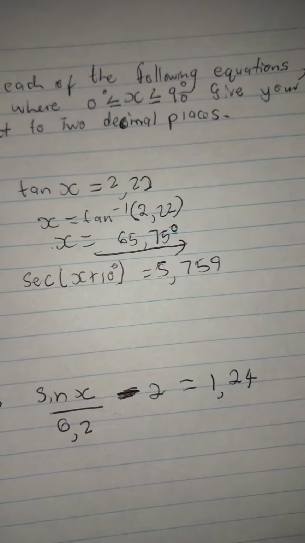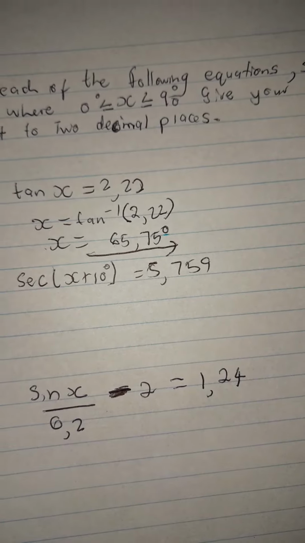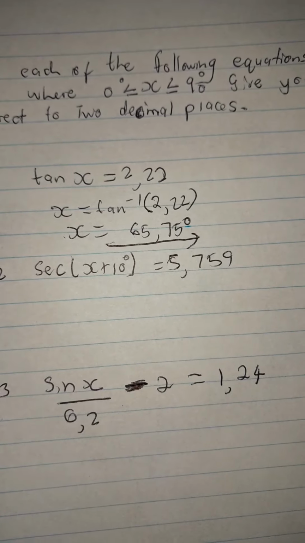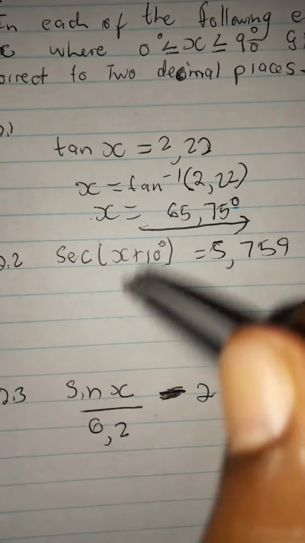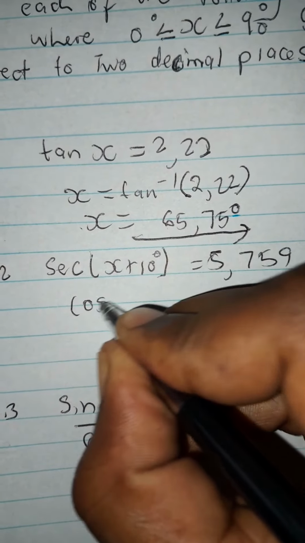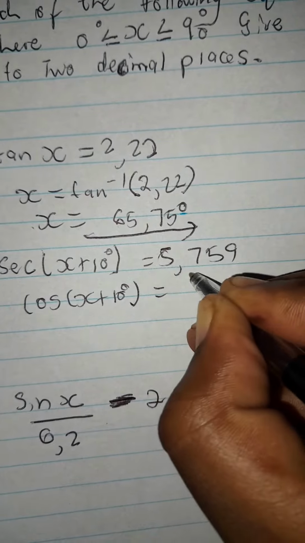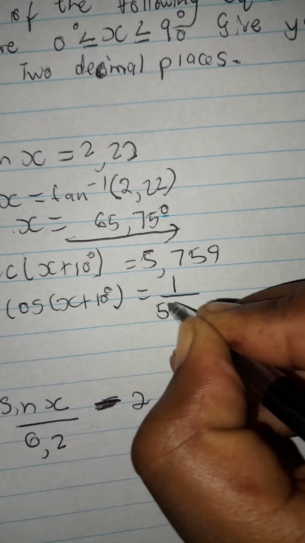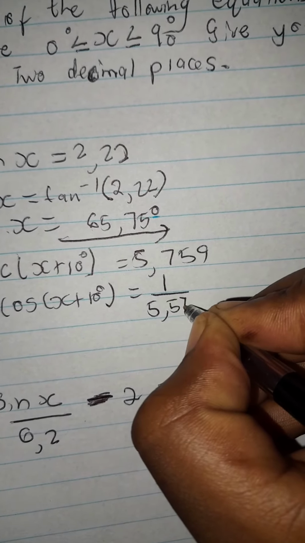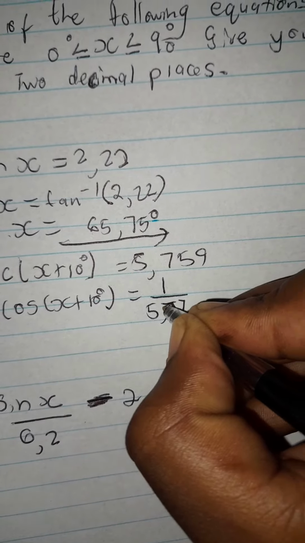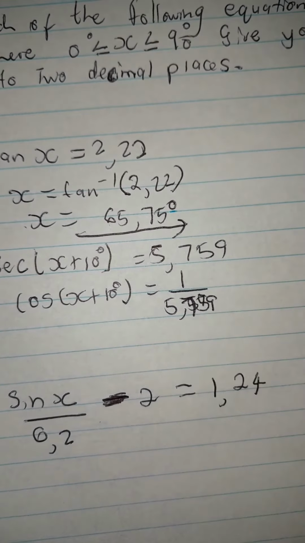Then we are here, guys. When they give you a reciprocal, you must think of the reciprocal of sec. Usually it's cos. So in this case, we are having cos of x plus 10 degrees. For calculation purposes, it's going to be 1 all over 5,759, right?